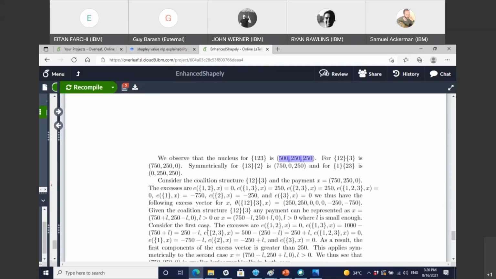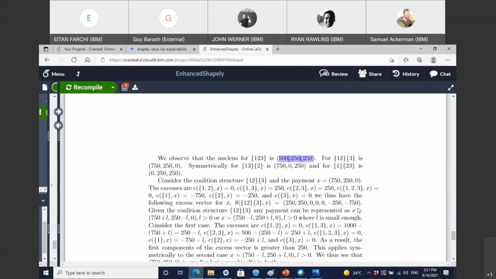So the idea of the nucleus is to take all the excesses and order them in descending order. You see I did that here for X. So this 750, 250, and 0. So it's 250, 250, 0, 0, 0, minus 250, minus 750. The number of elements in this vector is the number of possible coalitions.